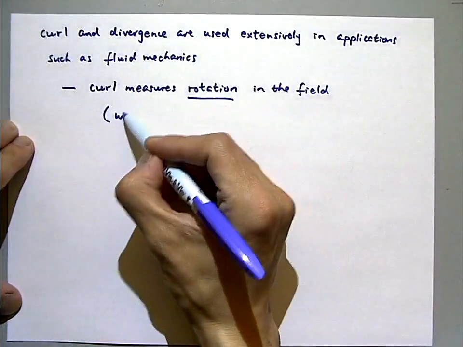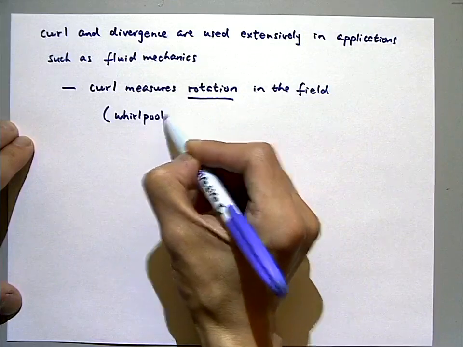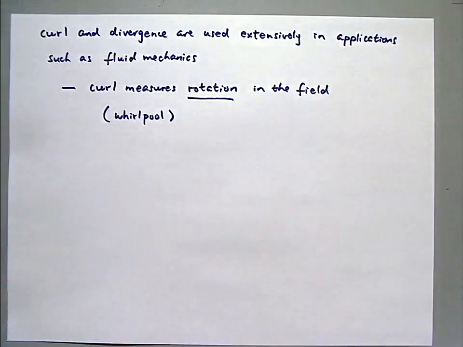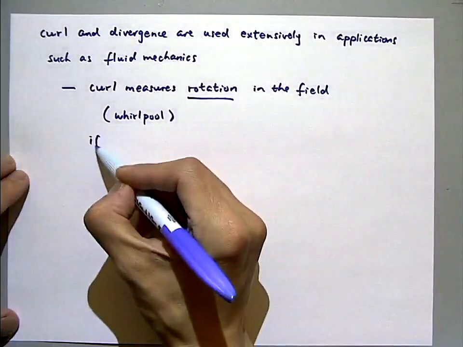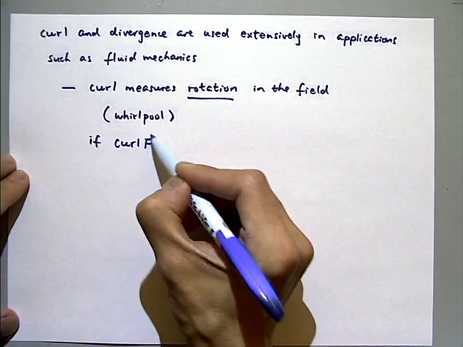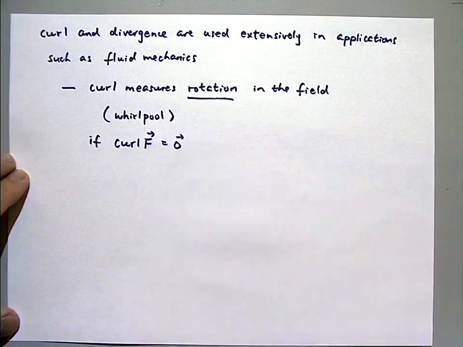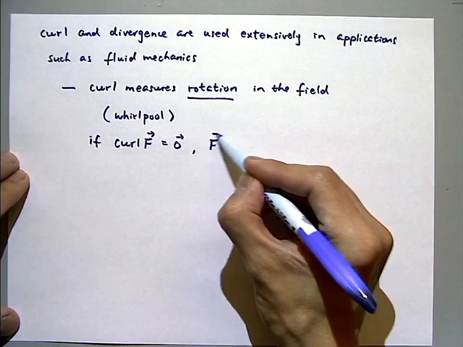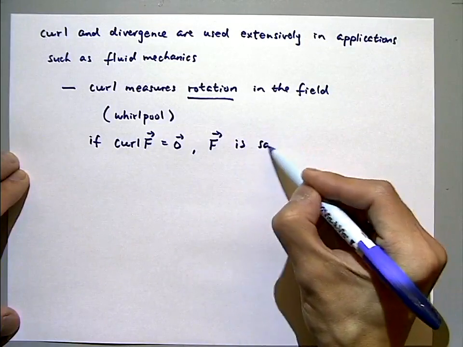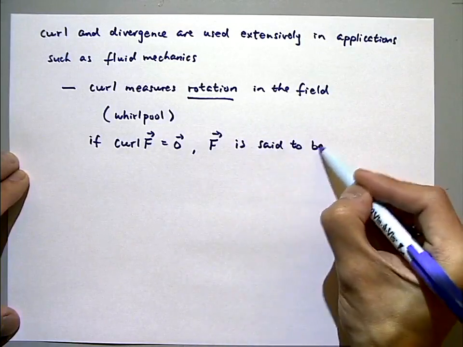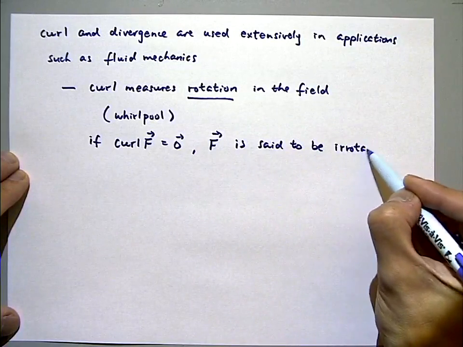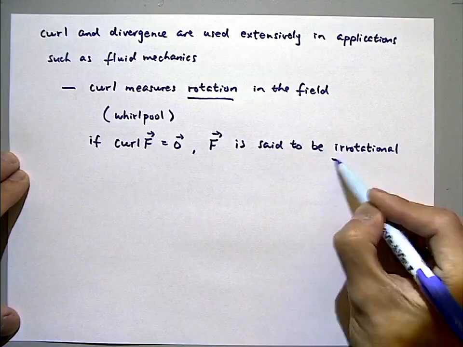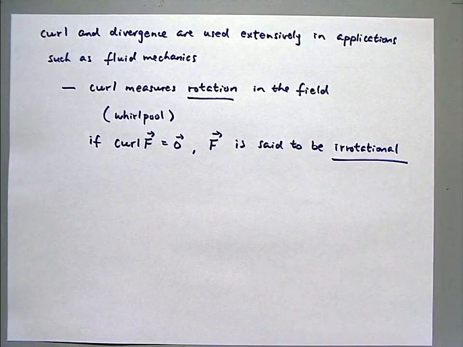Think of a whirlpool. If you look in a river, you see a rotation in there. That means that there is a non-zero curl. If curl is equal to 0, the zero vector, then often we say the vector field F is irrotational.